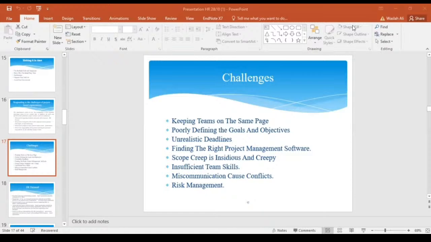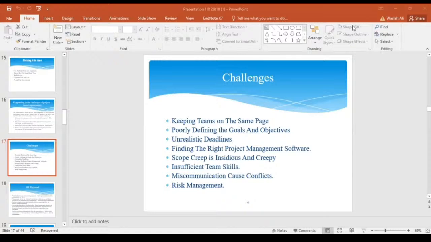Number three, unrealistic deadlines. Number four, finding the right project management software. We must have the right management software for working on a project according to the client's demand.